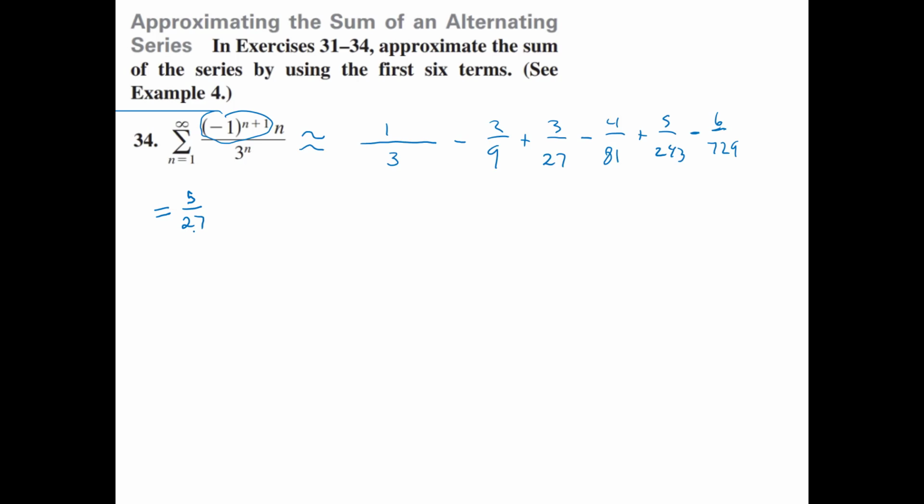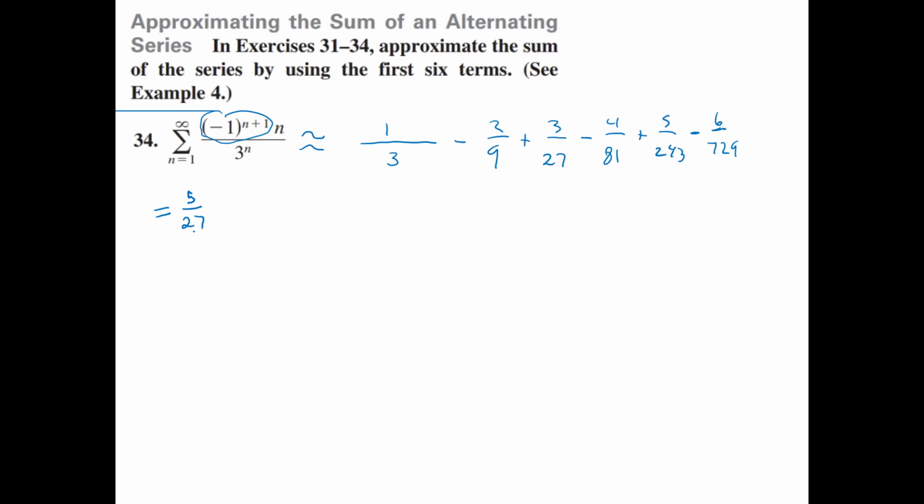Okay, but this is only an approximation. And what the theorem tells us is that the actual value, we're off by a little bit. However much you're off by is called the remainder. And what the theorem tells us is that we're off by less than the next term.